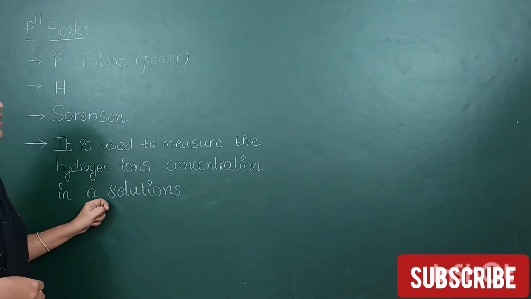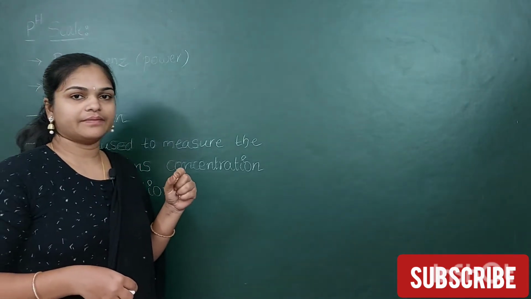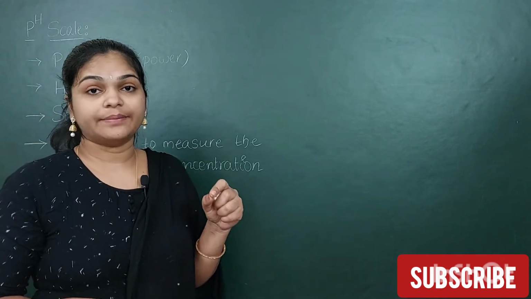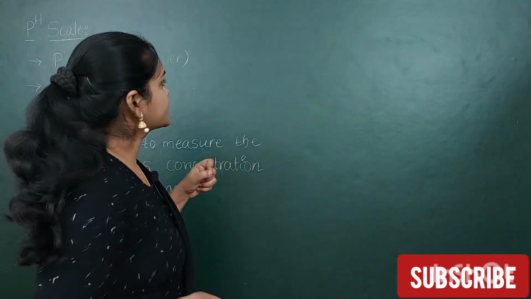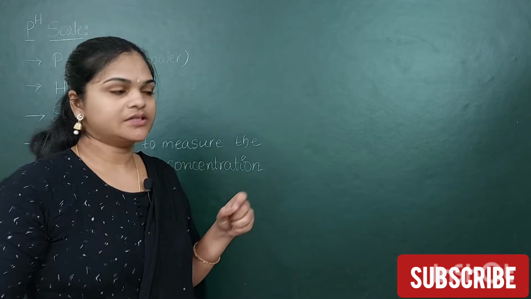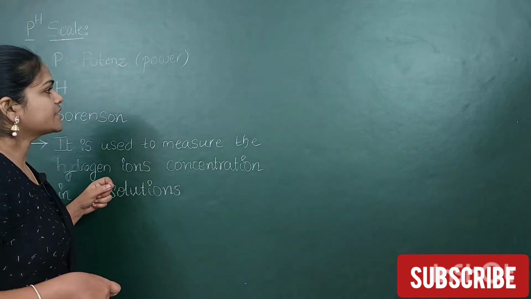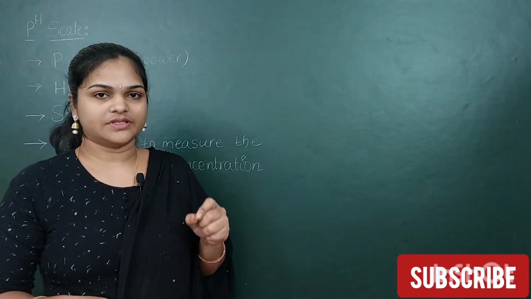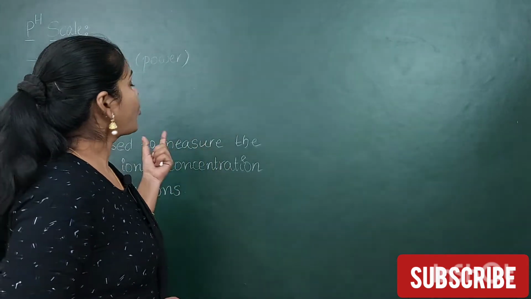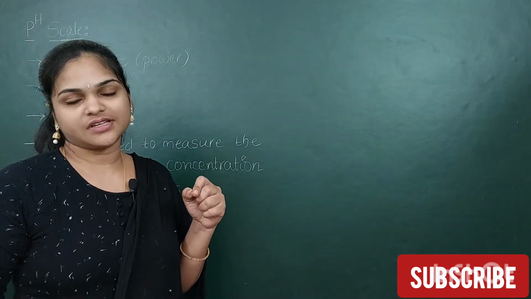So how will this pH scale appear? Let's see its appearance. It is going to have 14 numbers. We can also call this pH scale a universal indicator.